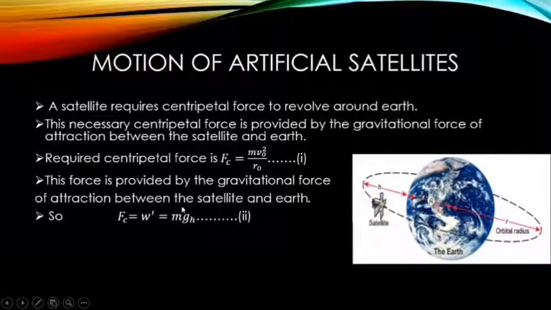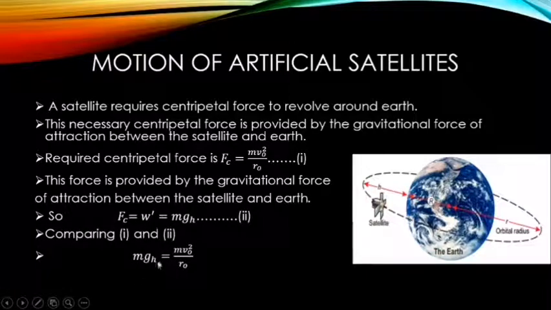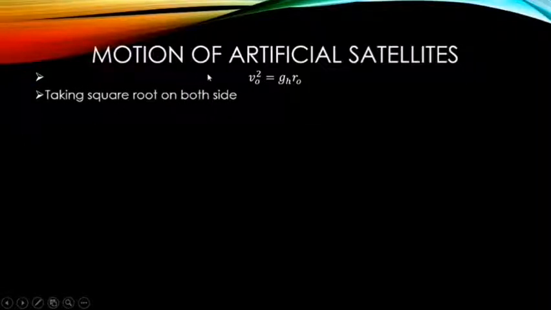From equation 1 and equation 2, both are similar forces, so on comparing 1 and 2 we have m gh is equal to m v0 square over r0. Since m cancels out, we have v0 square is equal to gh r0. Taking the square root on both sides, v0 is equal to the square root of gh r0.